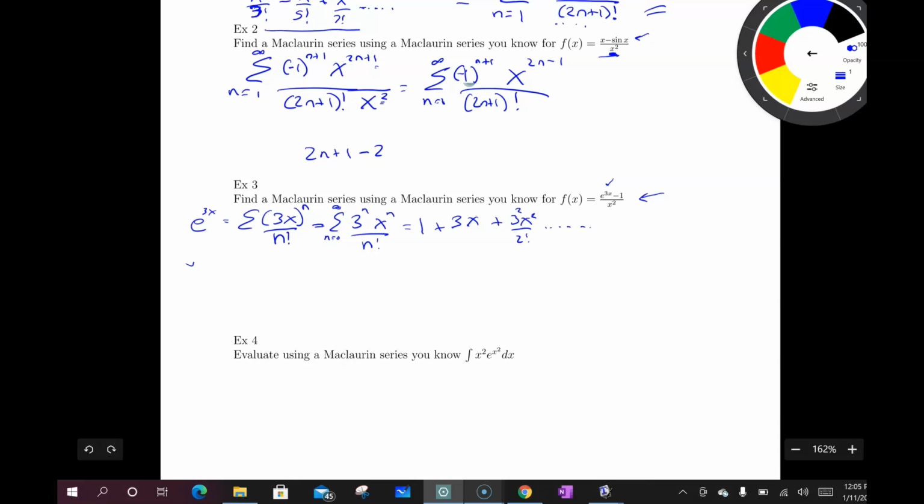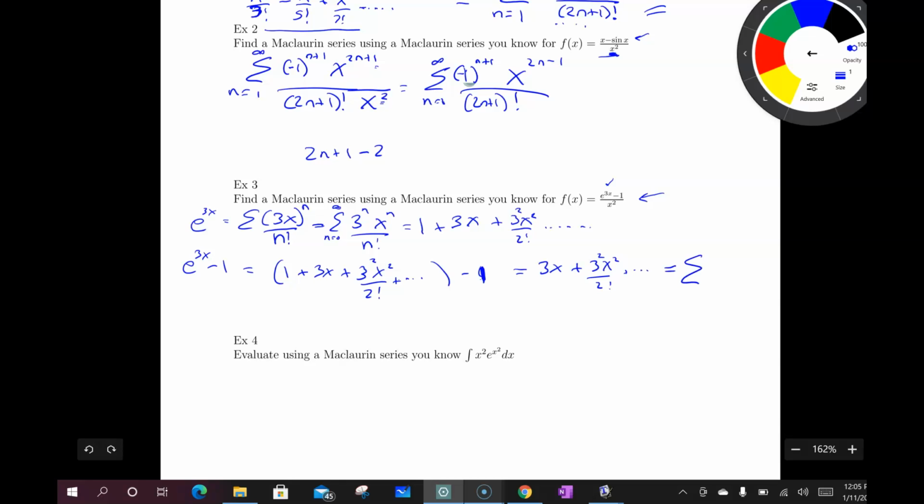Okay, so if I want to take e to the 3x minus 1, and I'm just going to write down the first few terms, subtract 1. What that turns into is I'm just taking off the first term. So I'm starting with this, 3x, 3 squared x squared over 2 factorial, dot, dot, dot.